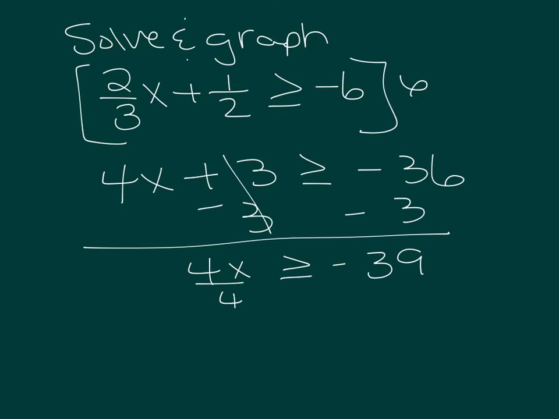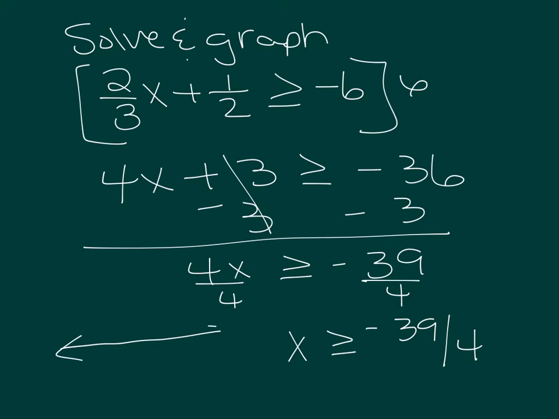Divide both sides by 4, and I don't have to flip the sign because I'm not multiplying or dividing both sides by a negative. So we get a final answer of x is greater than or equal to negative 39 over 4. So to graph this one, we would have to put negative 39 over 4.